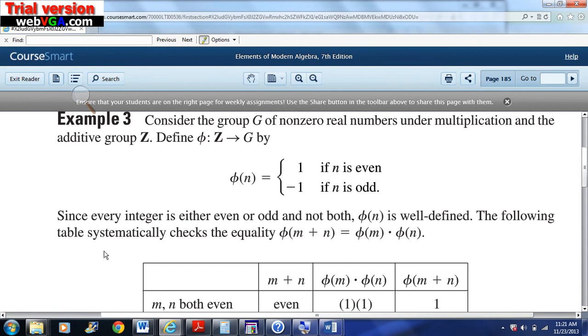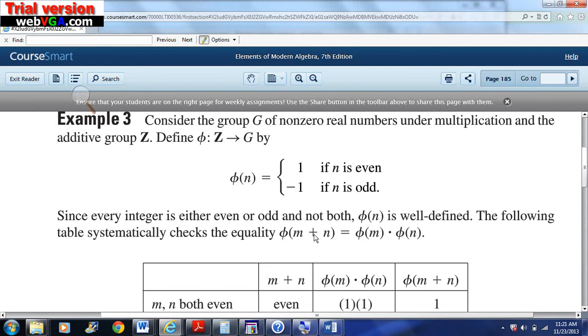The following table systematically checks the equality of phi of m plus n equals phi of m times phi of n. So on the left side, you have the operation in the set that you're mapping from. You're mapping from Z. And we said Z was an additive group.